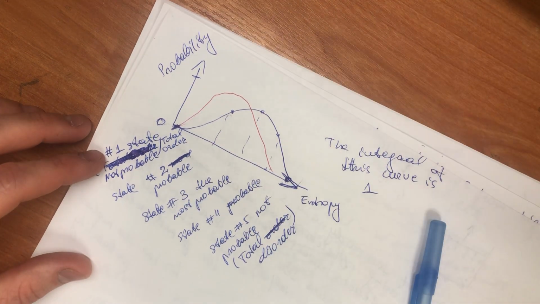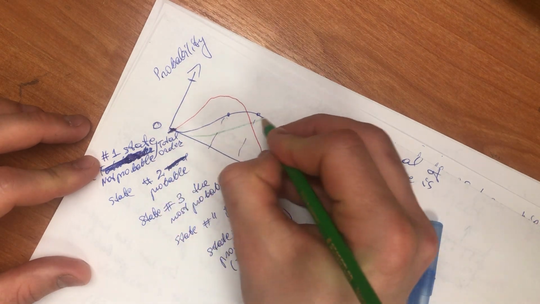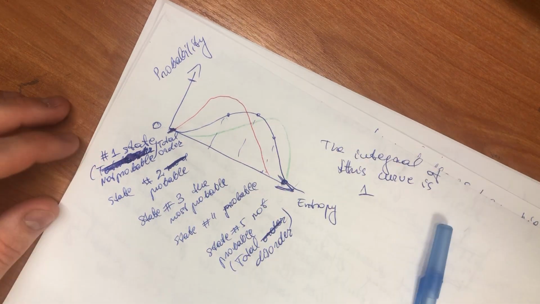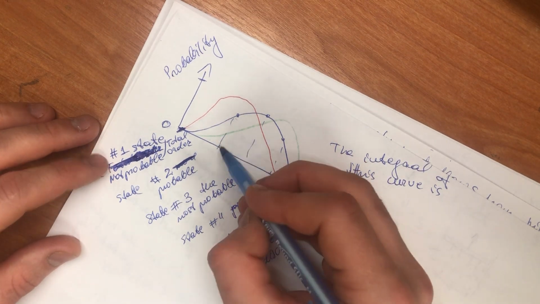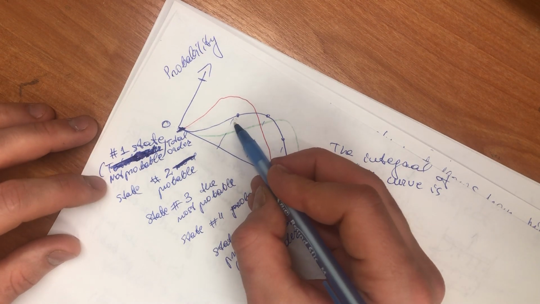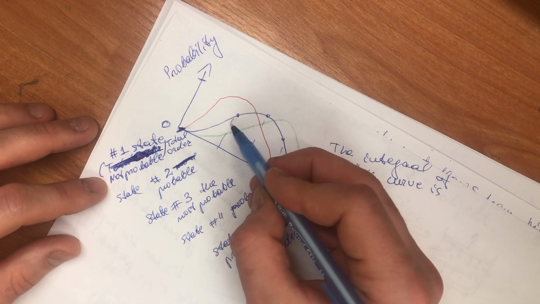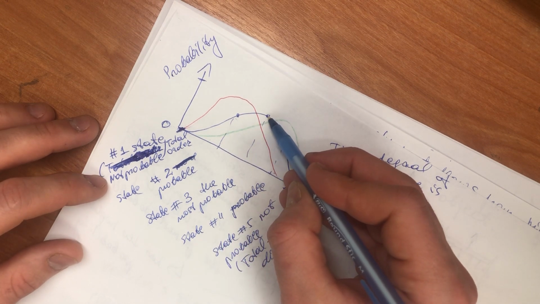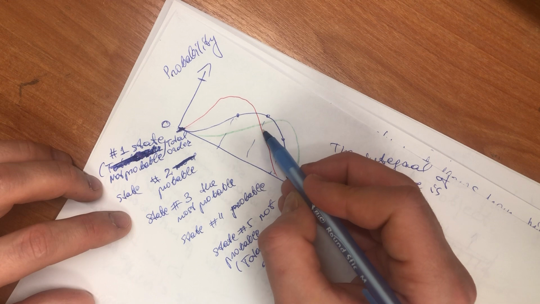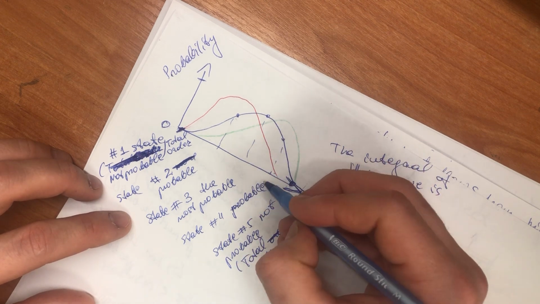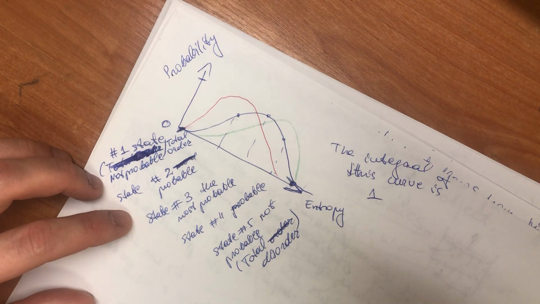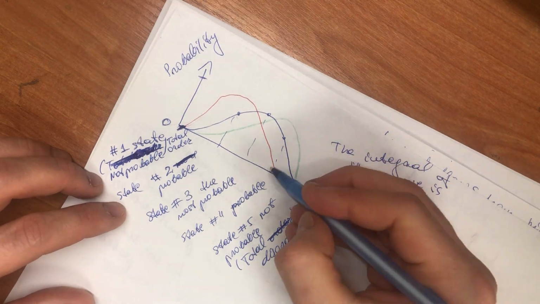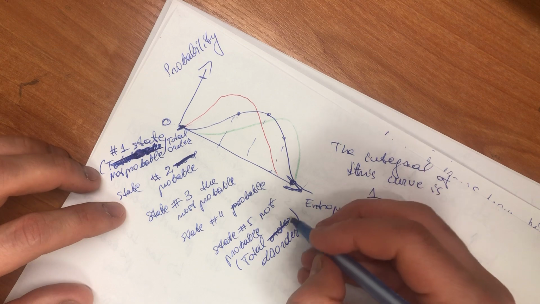Here it's less order, even less order here, more disorder here, and here total disorder.